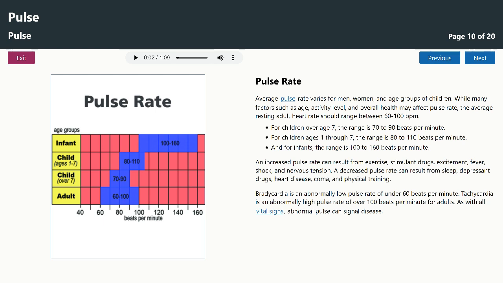So with pulse, like they said, if you exercise, heart rate should go up. If you take some kind of drugs that are stimulating, it should go up. Now, if you take something that's going to depress everything, your heart rate will go down. That's how, when people take too many pills, like an overdose, heart and lungs work together.